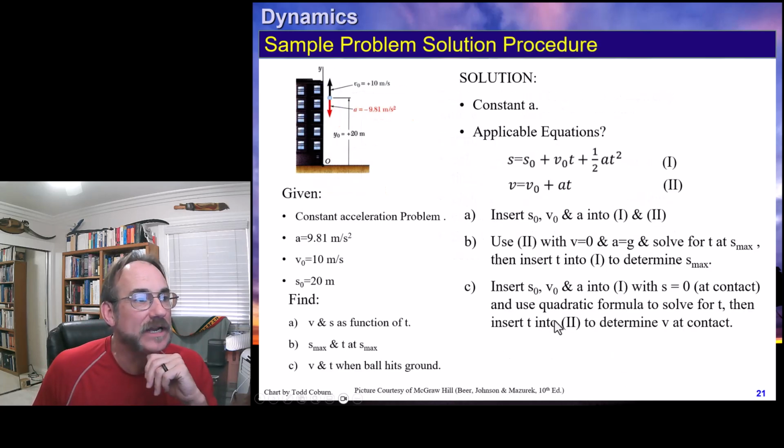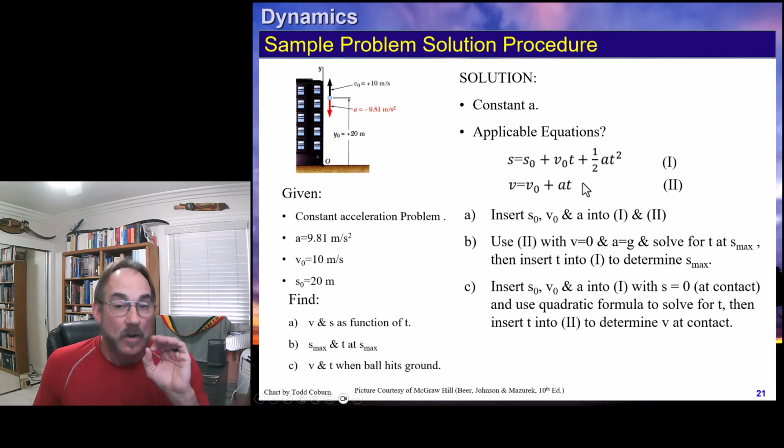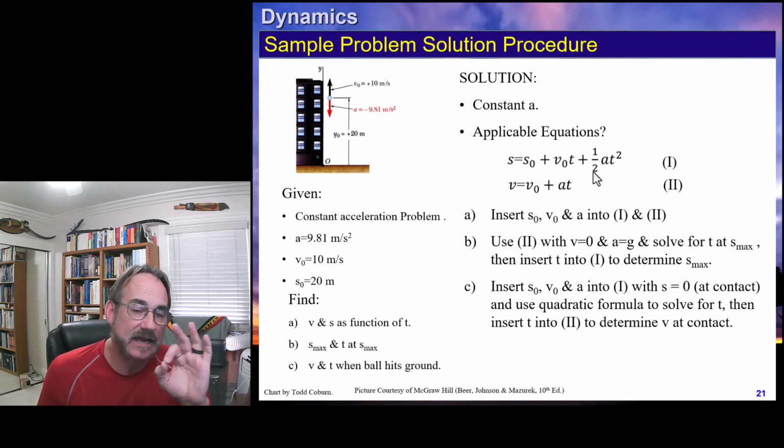So this is our redrawn problem. We have a constant acceleration. Since we have a constant acceleration, we can use these constant acceleration equations. We could have started with v equals dx/dt, and a equals dv/dt, and integrated these.